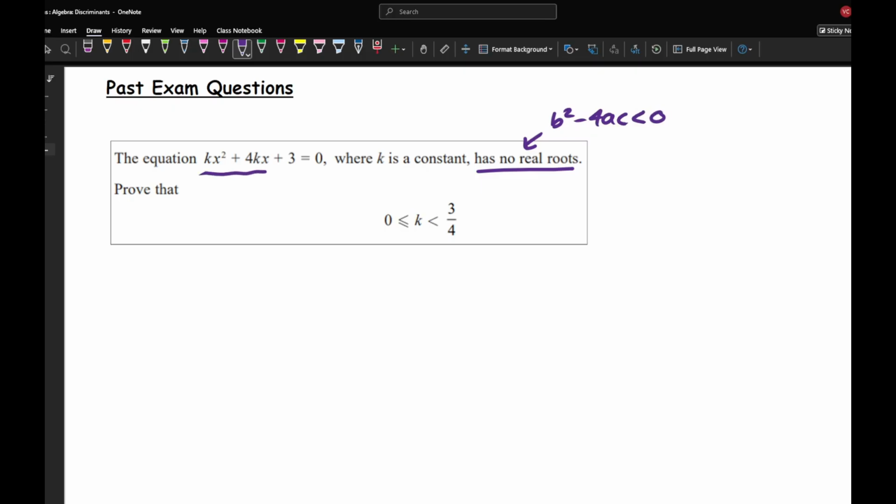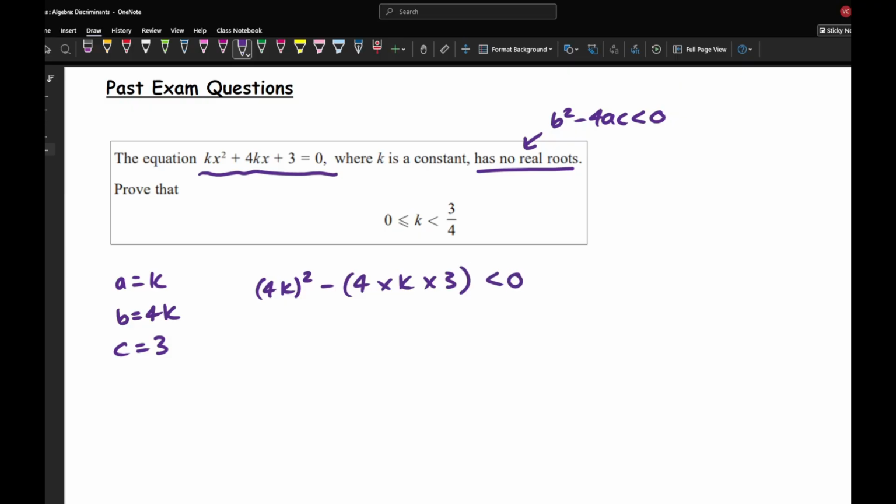So if I pick out my coefficients from this expression, I get a equals k, b equals 4k, and c equals positive 3. So from this, what we end up with is 4k squared minus 4 times k times 3 is less than 0. And then we want to go on and solve this.